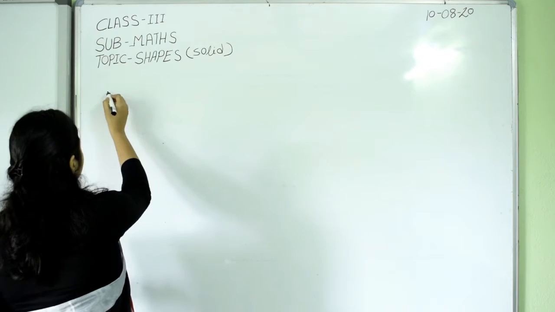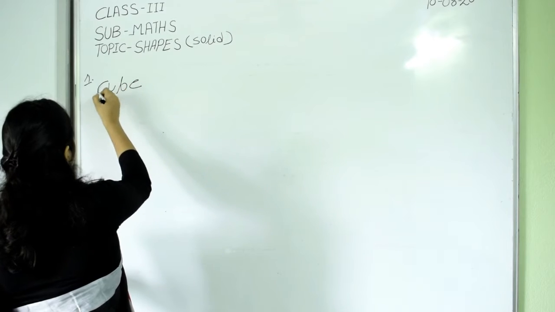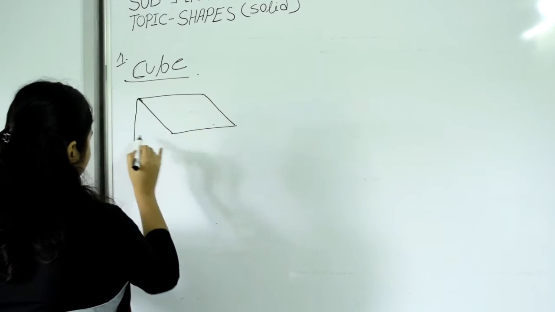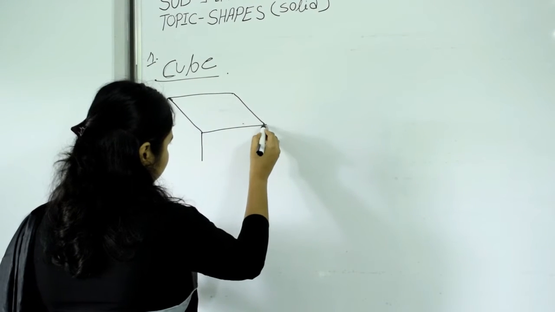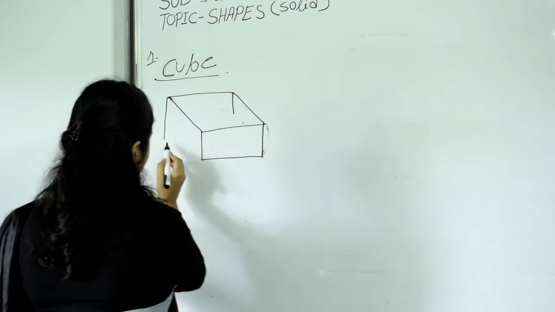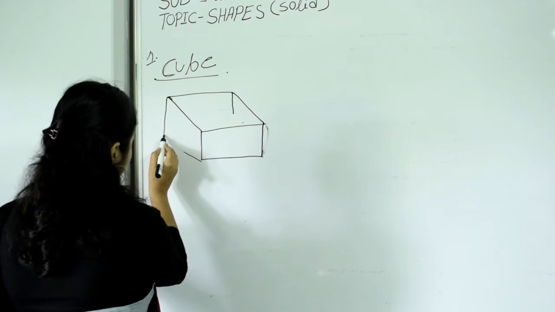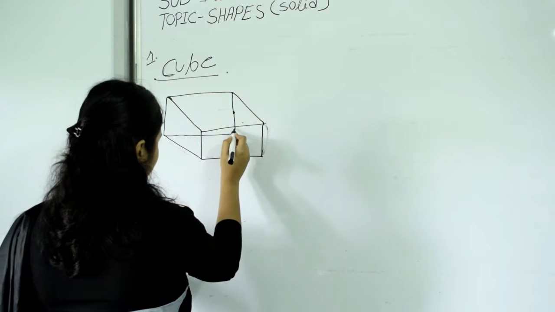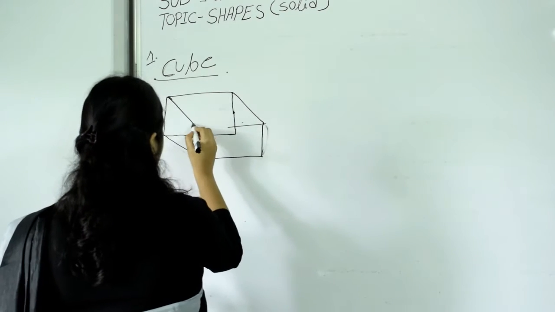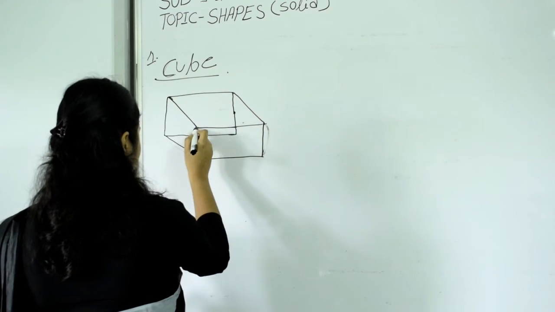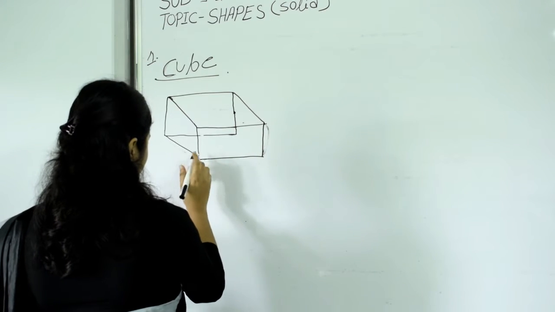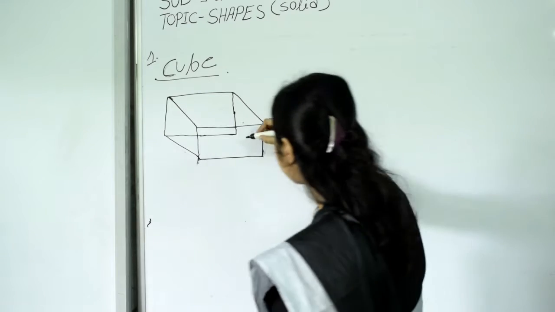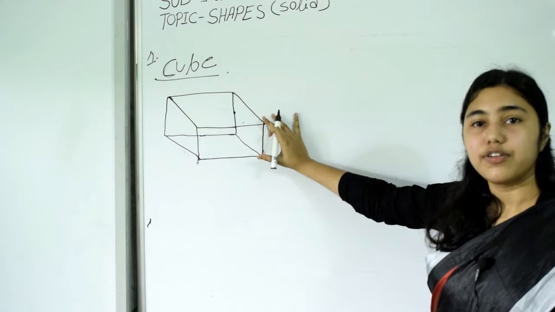So first one is cube. So here this cube is made up of 6 square flat faces.